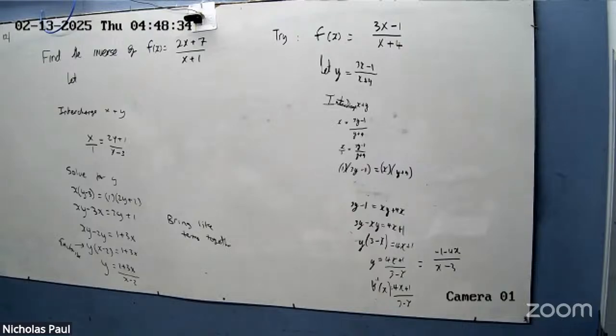Online, just message my number. Try to message your answer now. Put brackets around it, right? Because the answer is a fraction.